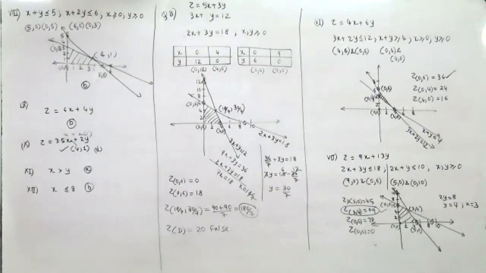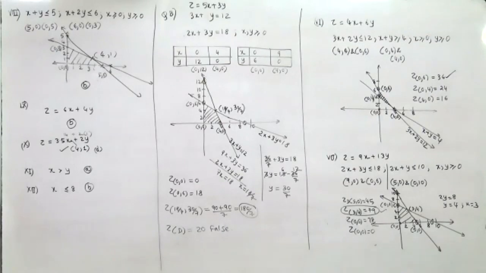Where did I substitute this? OK, yes, 2 into 18 by 7 is 36 by 7 plus 3y equal to 18, 18 minus 36 by 7, 3 6 are 3 12 are 42 minus 12, 30 by 7. Up to here everything is right.